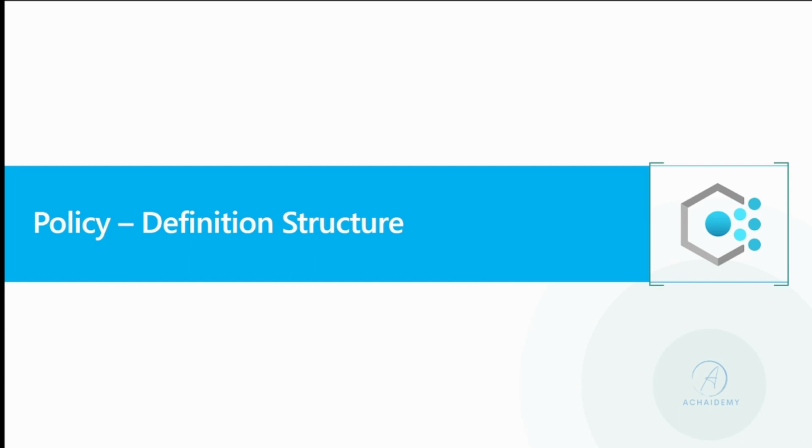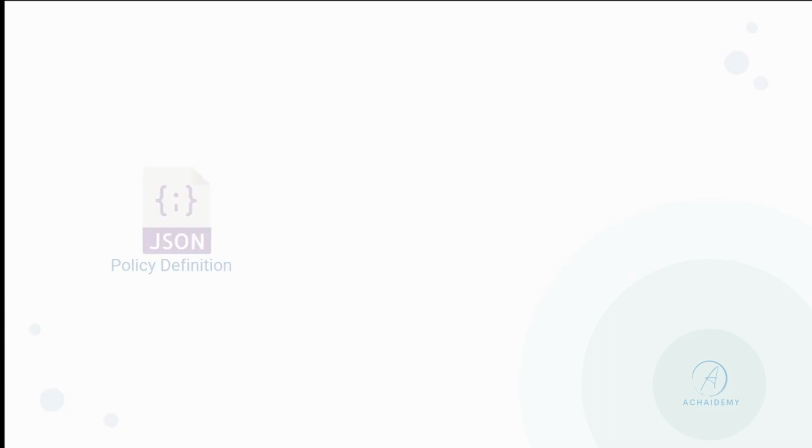Now let's quickly look at and understand the policy definition structure and the key fields and properties involved. As we discussed, the policy definition is a JSON object with declarative fields and language.